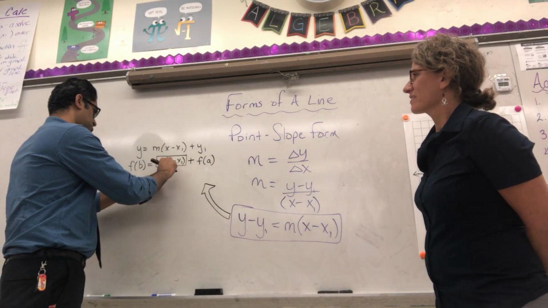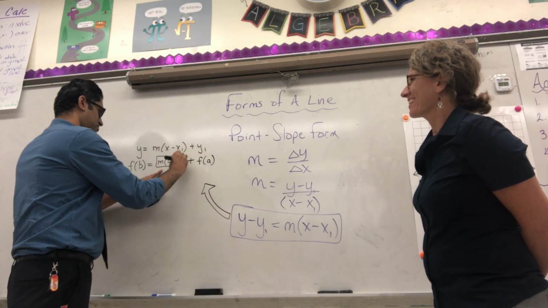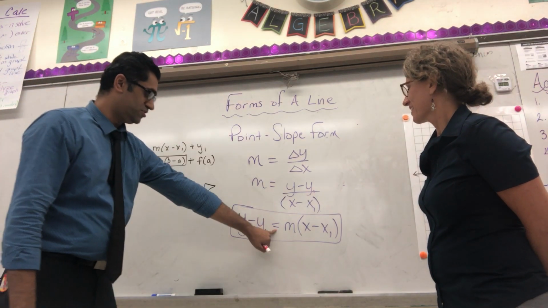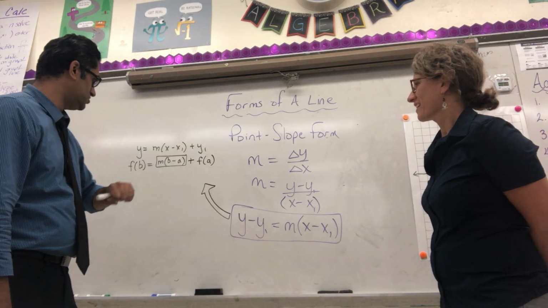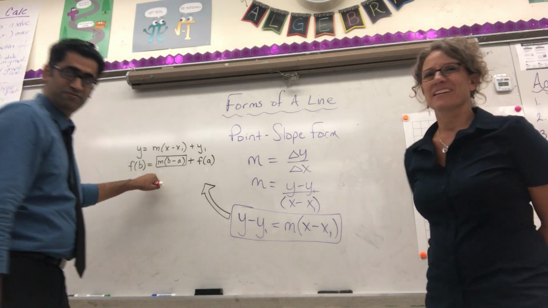Oops, that should have been a b, and that should have been an a. So yeah, I like what you're doing here. And yeah, this point-slope, I love it just as much as you do. And actually in calculus, I'm going to change it a little, and go one step further.